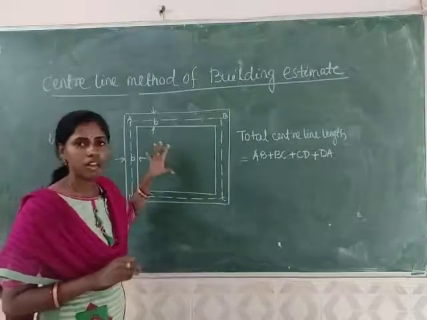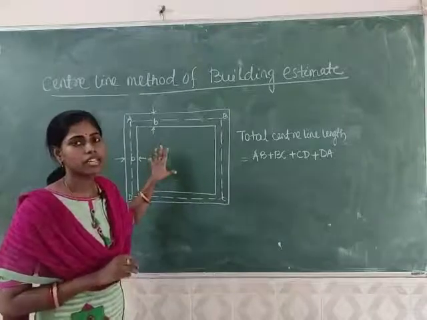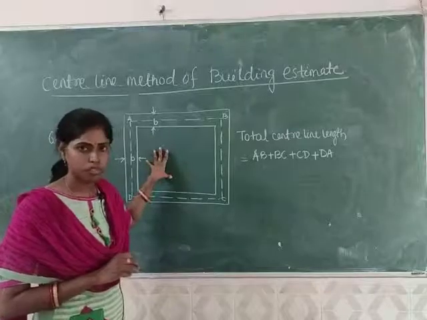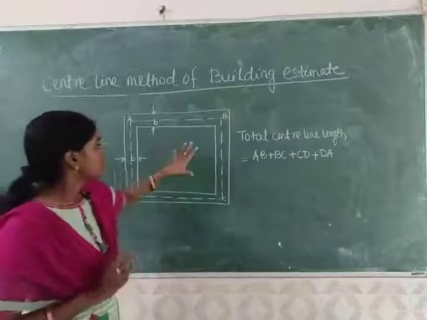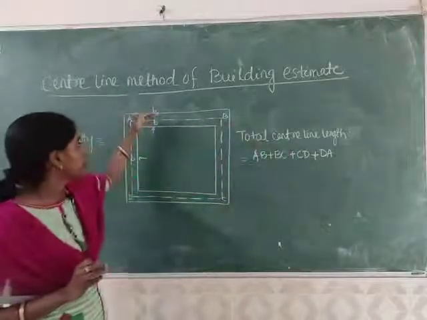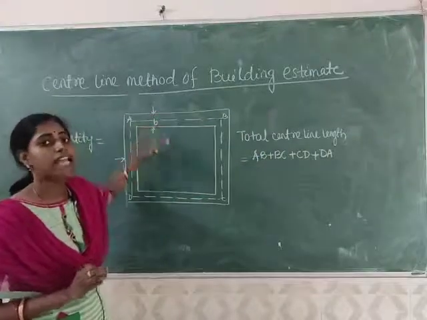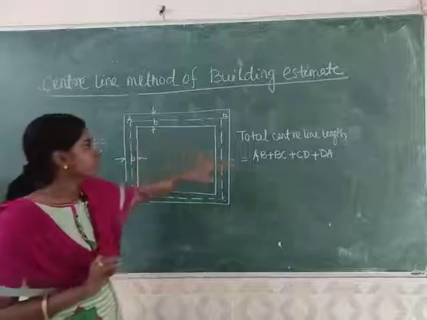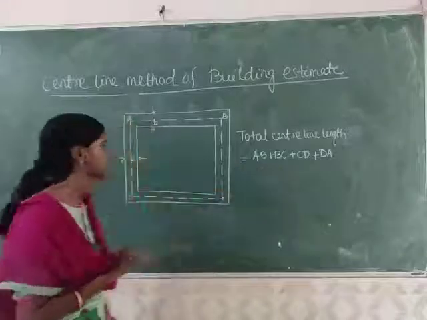Suppose here we want to calculate the total quantity of brickwork in the superstructure. So, we will multiply the corresponding breadth and height of the superstructure with the total center line length.